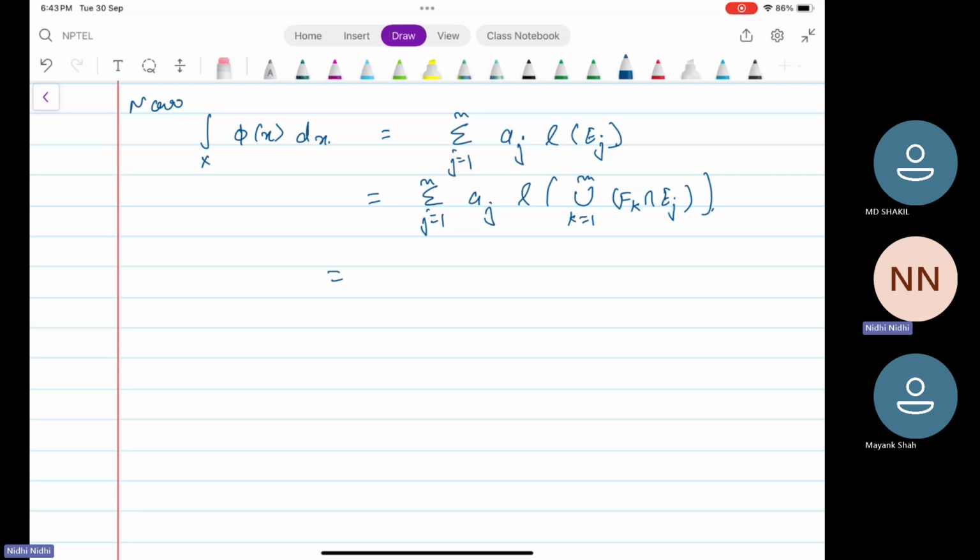Now this is again, as we did earlier, equal to summation j from 1 to n aj, summation k from 1 to m, length of Fk intersection Ej.